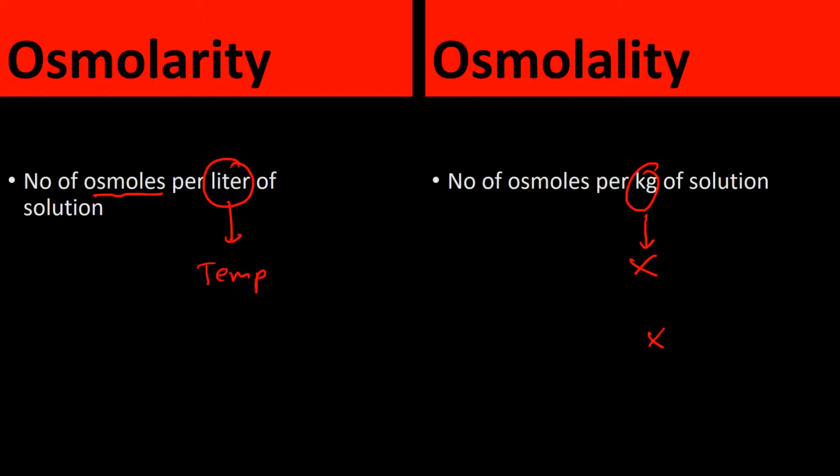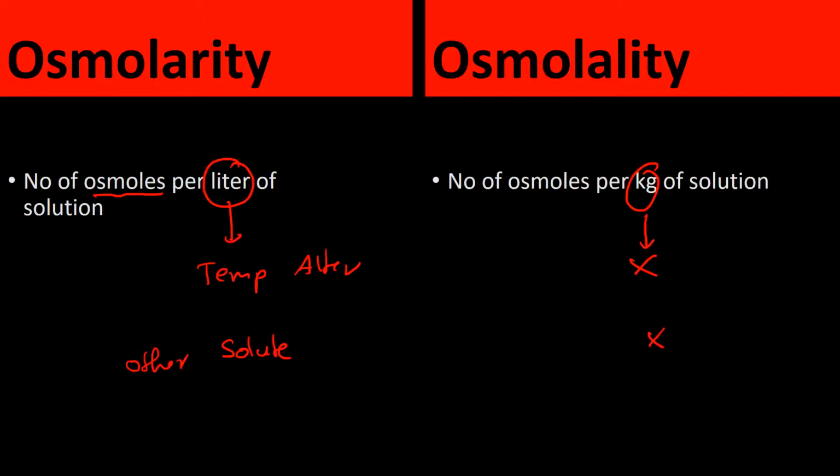The temperature will alter the volume, and it will also be affected by other solutes in the solution. Other solutes in the solution will alter the osmolarity value. So osmolarity is nothing but the number of osmoles per liter of solution. Osmolality is nothing but the number of osmoles per kg of solution. Now these are the osmolarity and osmolality, the two differences we need to know.